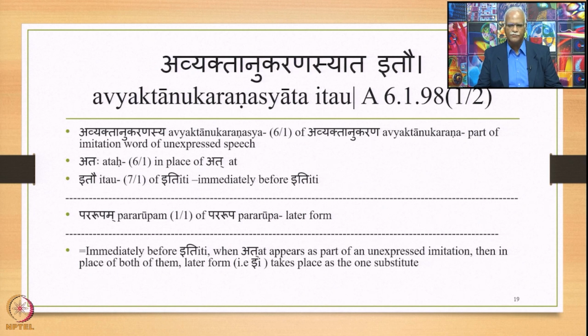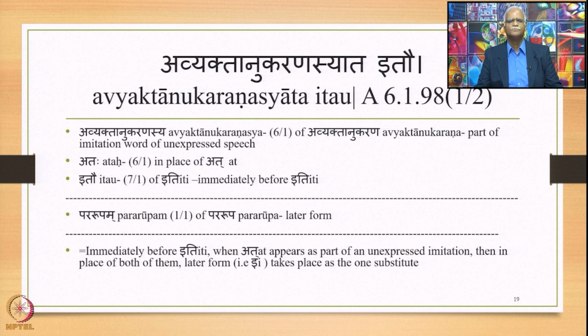Pararupam is continued from the previous sutras, latter form, and the meaning of the sutra is: immediately before iti, when at appears as part of an unexpressed imitation, then in place of both of them, the latter form, in this case e, takes place as the one substitute.